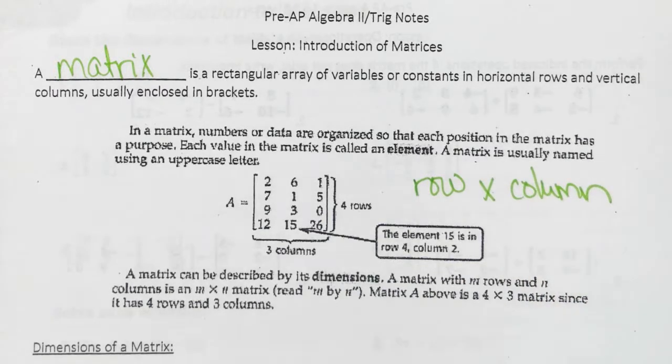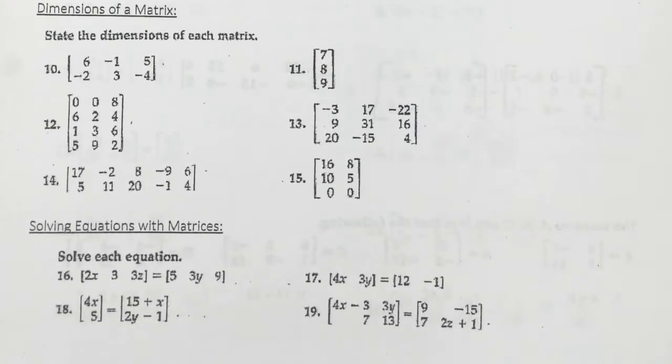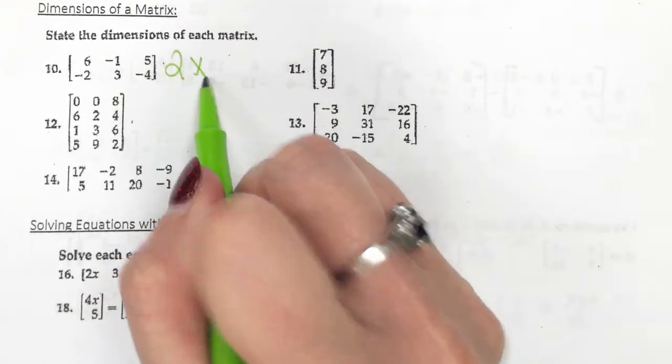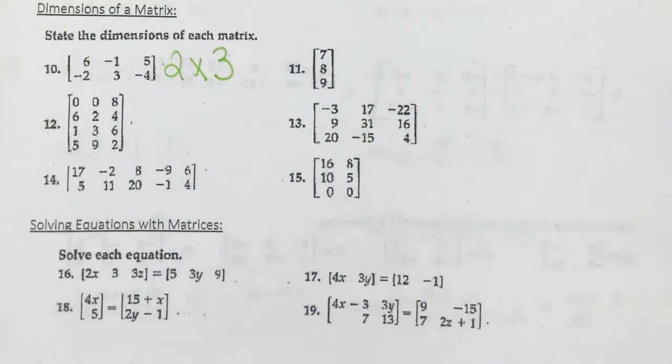So easy, but so important. You're going to be like, oh my gosh, this is the easiest thing I've ever done. Yes, it is. But it's very important. So on number 10, how many rows are there? 2. 3. And there are 3 columns. Columns are up and down. Rows are left and right. You just stated the dimensions. Congratulations.